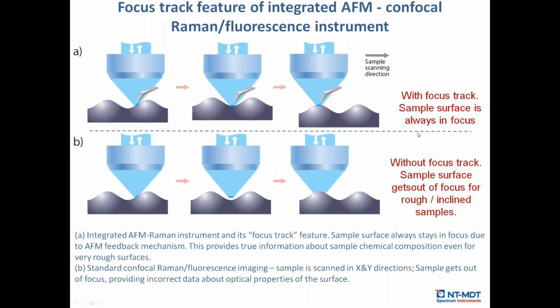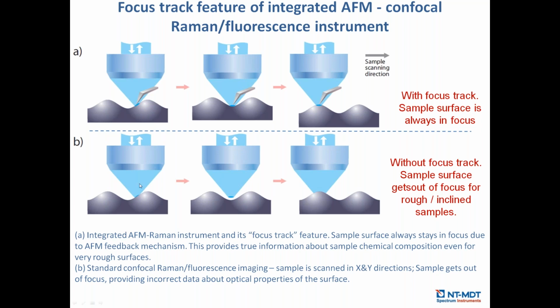One of the advantages of using a combined AFM Raman system is the so-called focus track feature. When the AFM probe is engaged onto the surface, the laser spot focused onto the same area is always kept in focus.